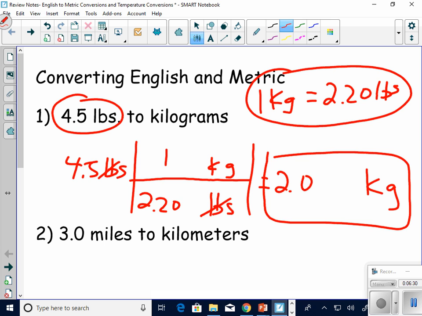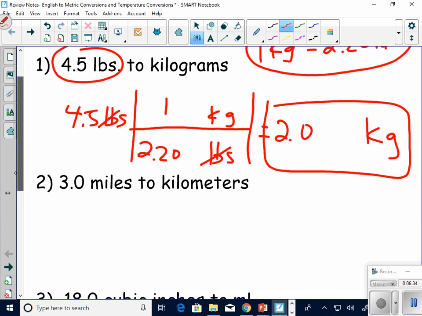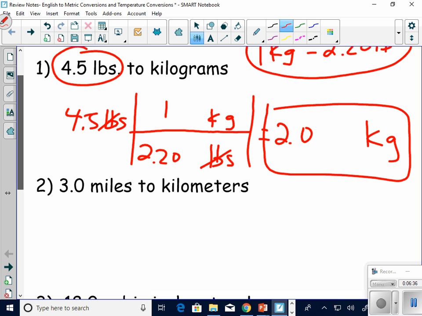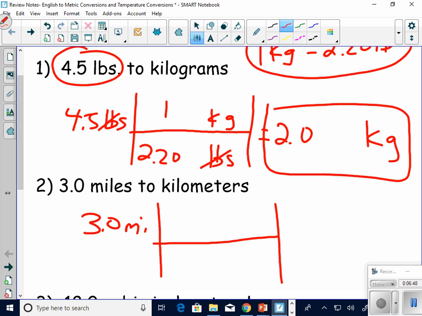Now, let's look at the next one. 3.0 miles to kilometers. So I have 3.0 miles. I want to convert it to kilometers. So I'm going to put kilometers on the top, miles on the bottom.